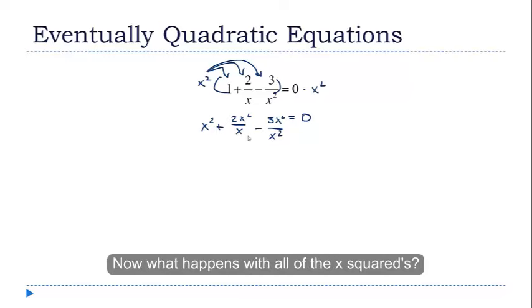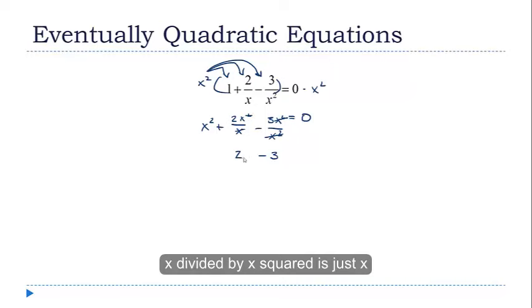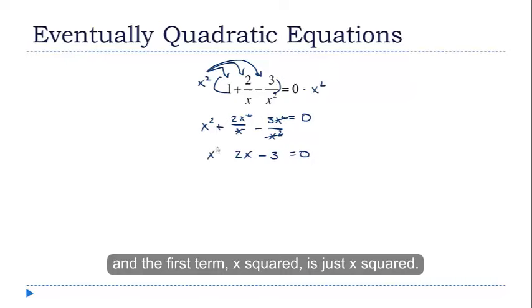Now, what happens with all of the x squareds? On the last term, the 2x squareds cancel, and we're left with -3. On the middle term, x divided by x squared is just x, so we're left with 2x. And the first term, x squared, is just x squared.